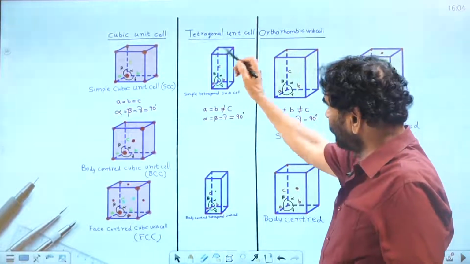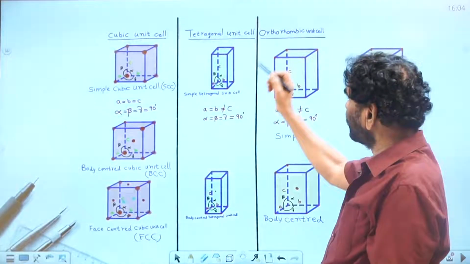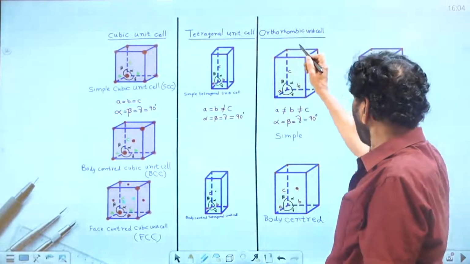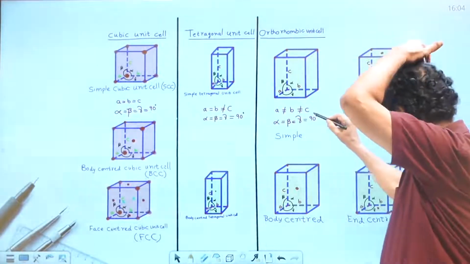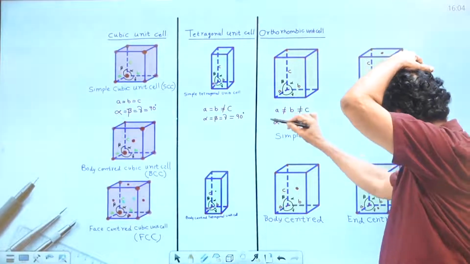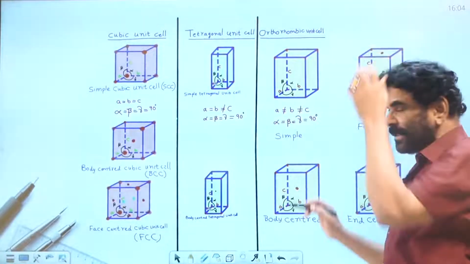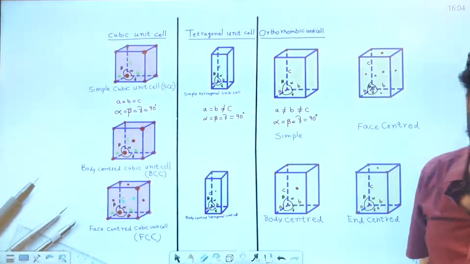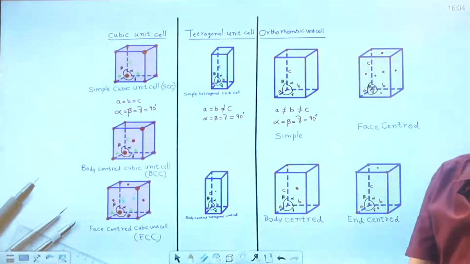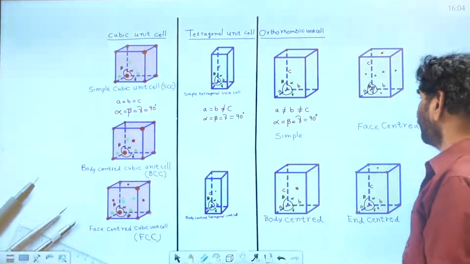So, cubic unit cell, tetragonal unit cell, orthorhombic unit cell. The unit cell which satisfies these cell parameters is known as the orthorhombic unit cell. Remember, orthorhombic unit cell.